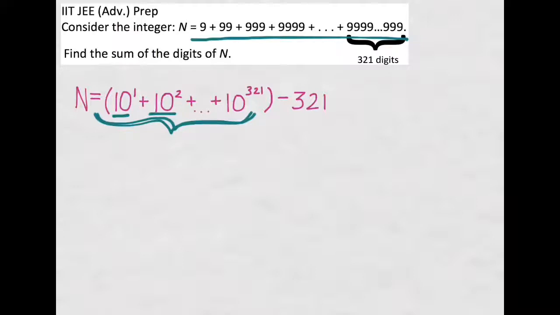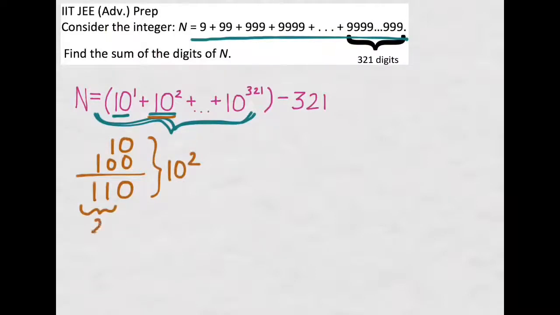So if we just go till 10 squared, if we add 10 and 100, our answer is 110. So when we stopped at 10 squared, our answer consists of 2 ones and then a 0. Now, if we went till 10 cubed, our answer would be 10 plus 100 plus 1,000, which equals 1110.